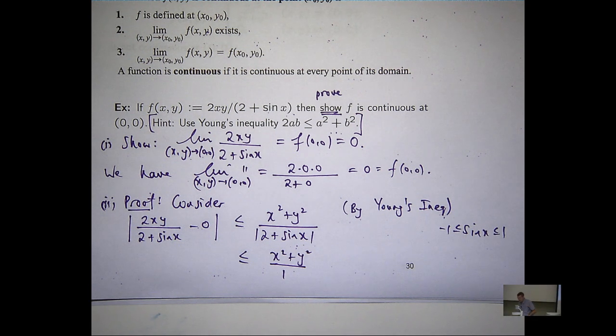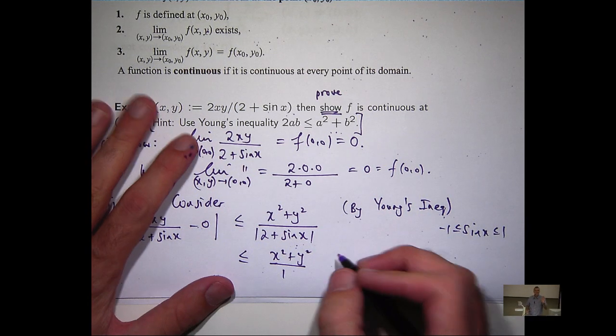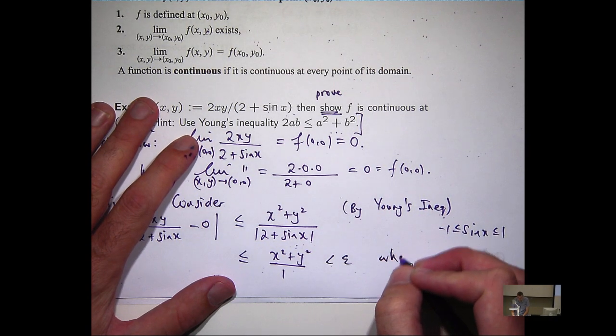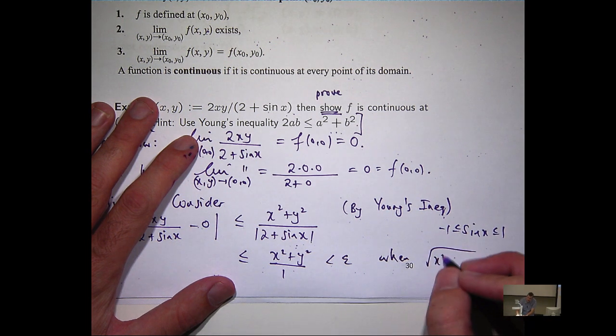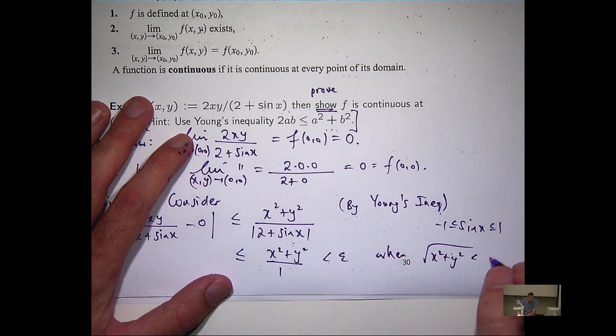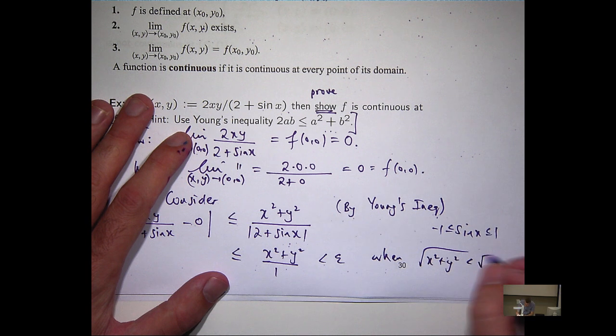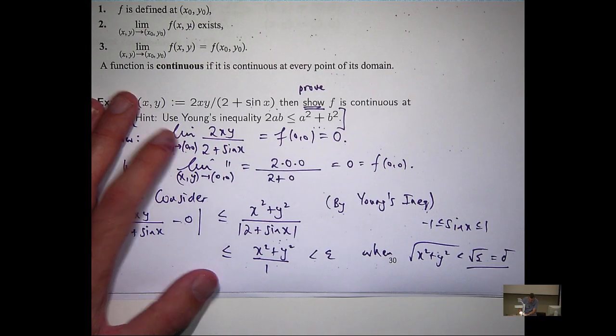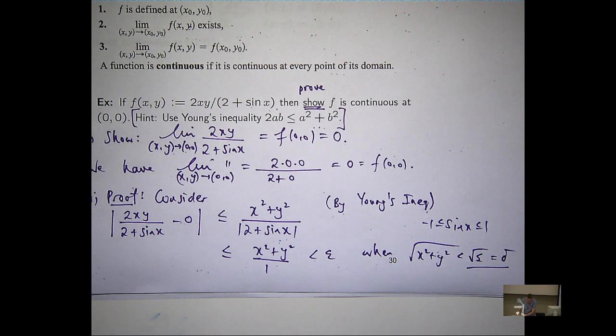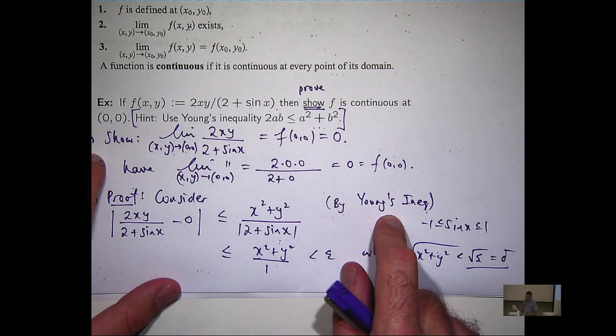So what if I want to make that less than a given epsilon? All I need to do is choose delta to be that. So Young's inequality, really powerful, really important.